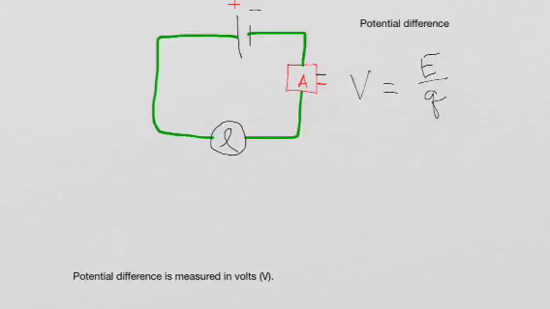Now, one of these units you've already seen before. Which one? Q. Does anybody remember what Q stands for? The time. No, the charge. Close though. Right formula. So Q stands for the charge. And we know that the charge is measured in coulombs, right?